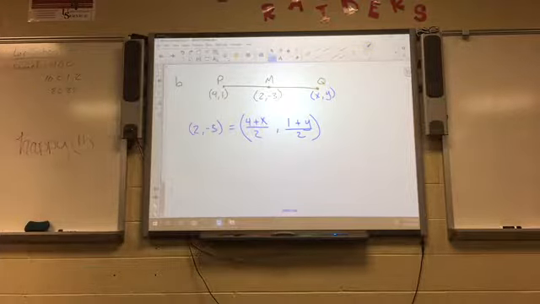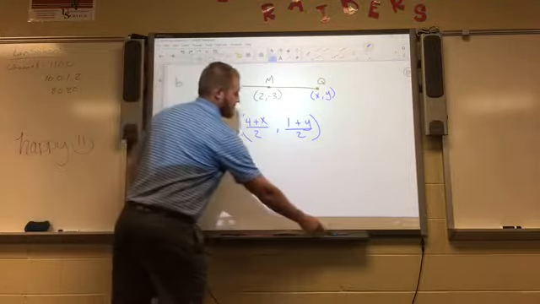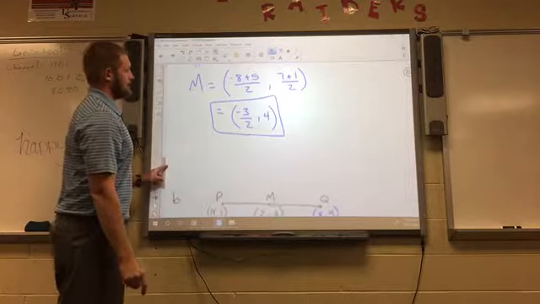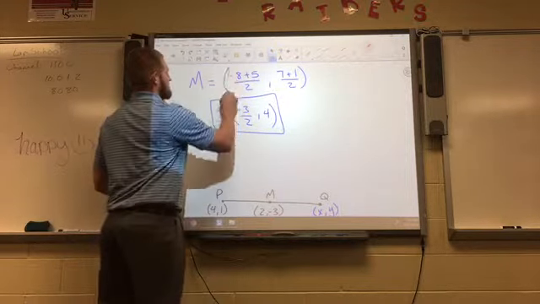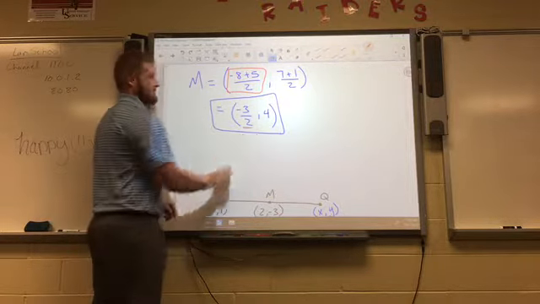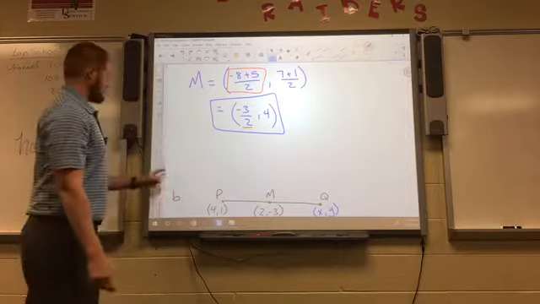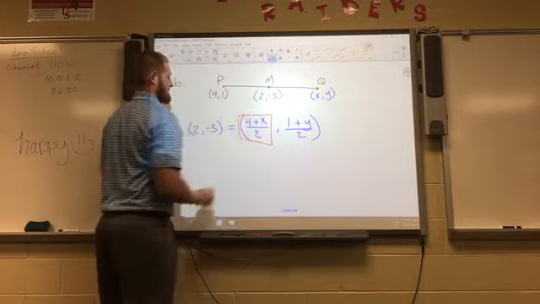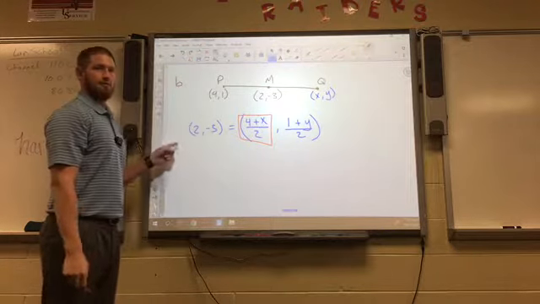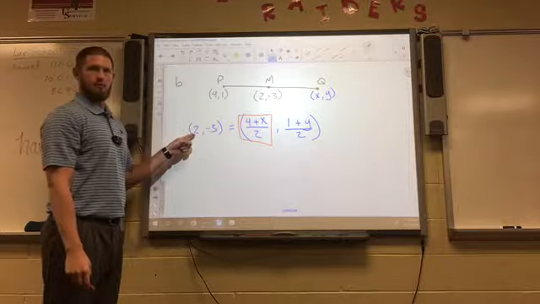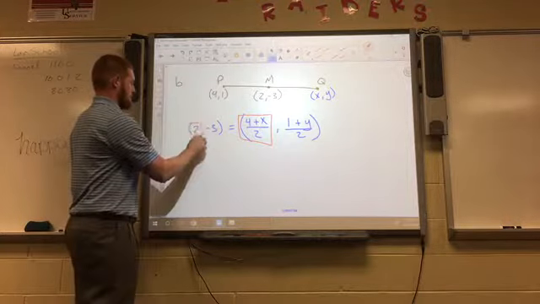Somehow I've got to come up with these values. Going back to the last problem that we just did, when I took this part and simplified it, I got the x value, right? So when I take this part and simplify it, I should get 2, the x value.